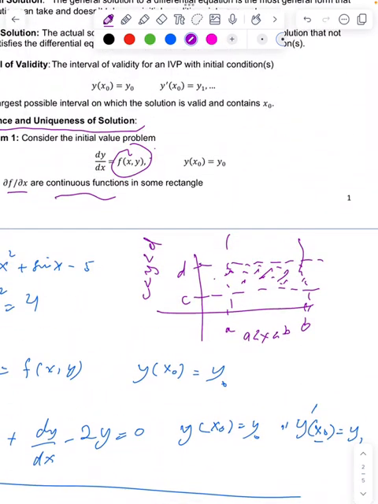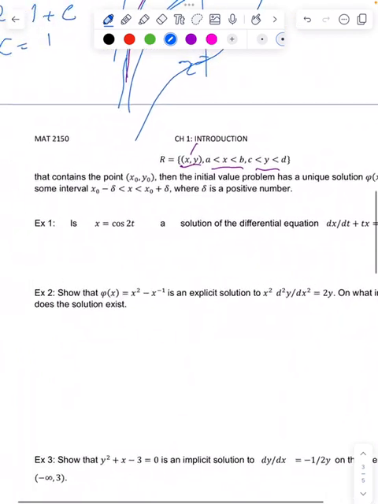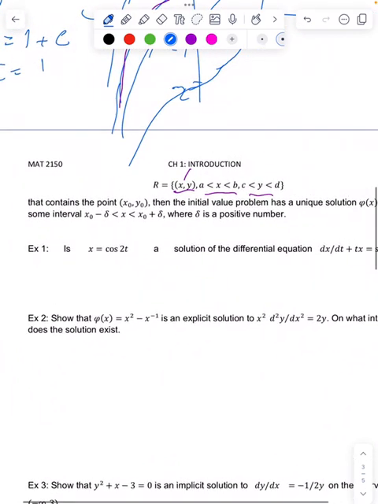So somewhere in here should be the x naught, y naught point. If this is the situation, then this theorem 1 says the initial value problem has a unique solution.